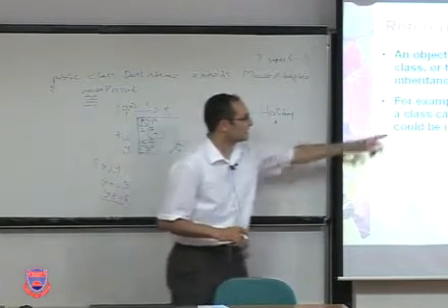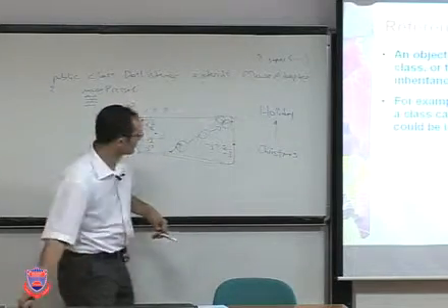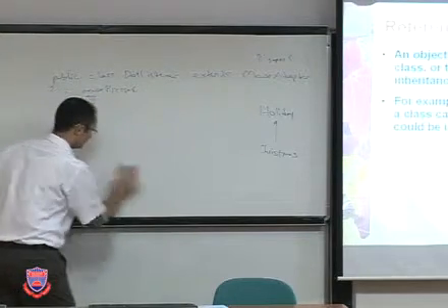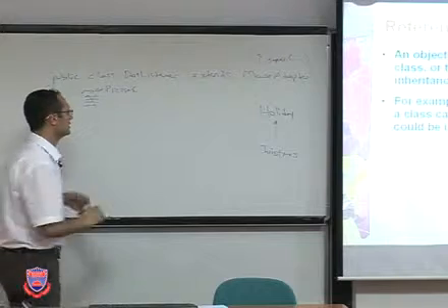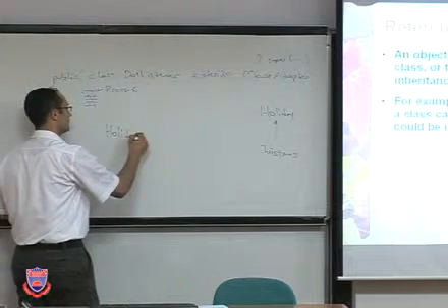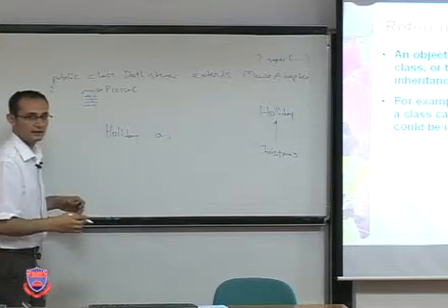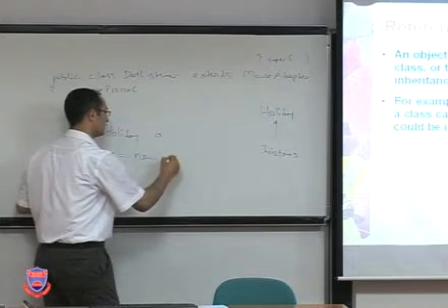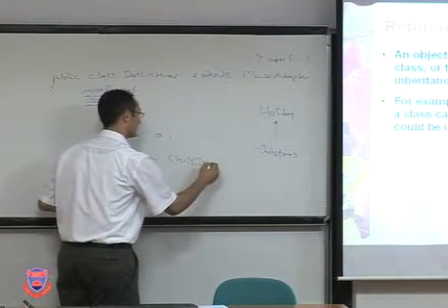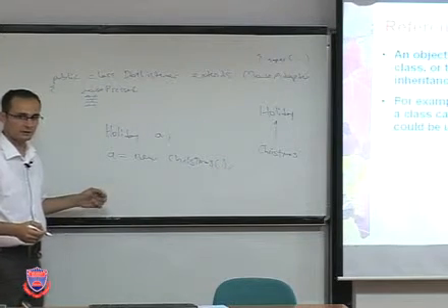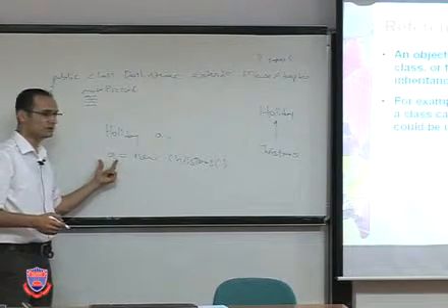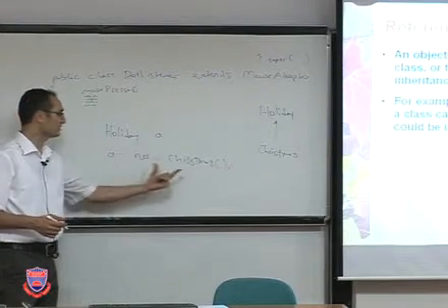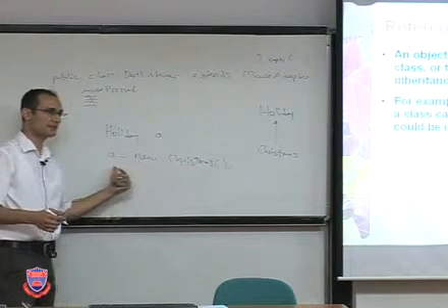When I create this, if I have a holiday reference that I created, so I have a variable that I say holiday A, okay, and then I say that A is equal to new Christmas. So this is going to be possible because it is the parent class which can be assigned to its child. Okay, so you can create a child object, and then assign it to the parent.